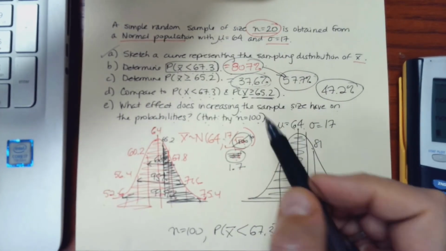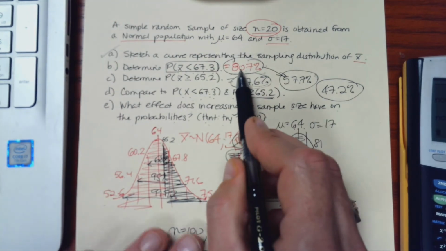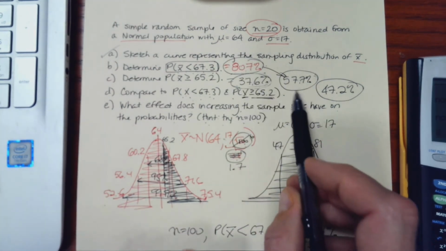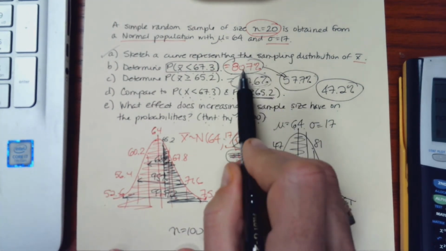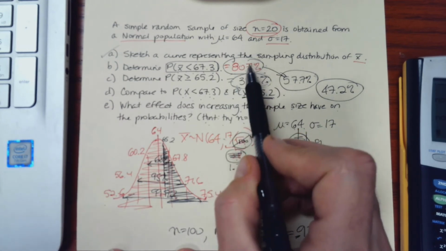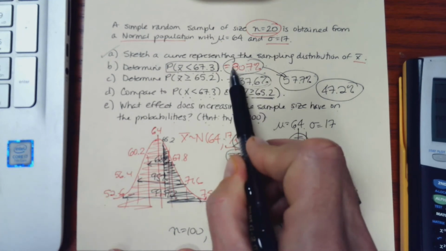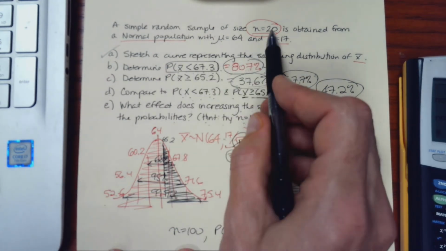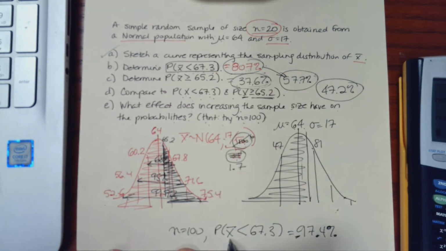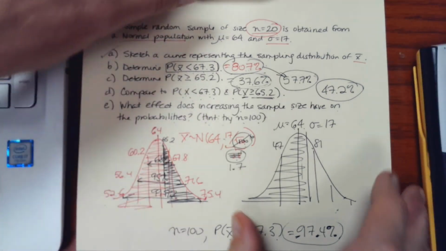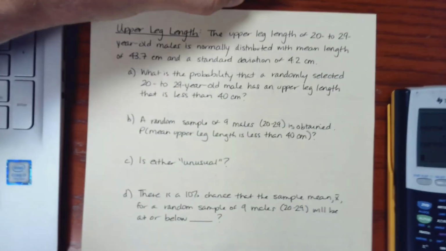With a sample size of 20. If I was just taking a single observation, that was only 57%. But with a sample of 20, the probability that the mean is less than 67.3 is about 81%. If I up the sample size to 100, the probability that the sample mean is less than 67.3 is getting close to 100%.